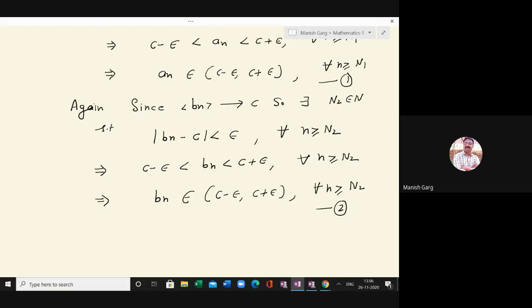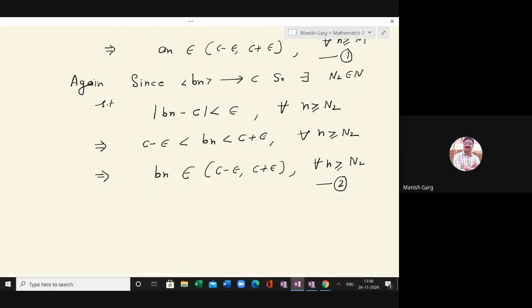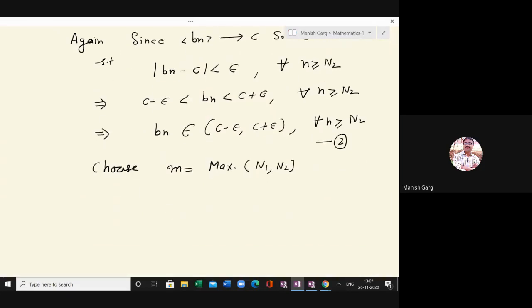Both equations will be true for all n greater than or equal to the maximum of n1 and n2. So choose m equal to the maximum of n1 and n2. If you choose this, both equations 1 and 2 hold for n greater than or equal to m.